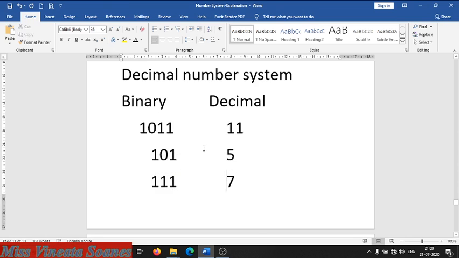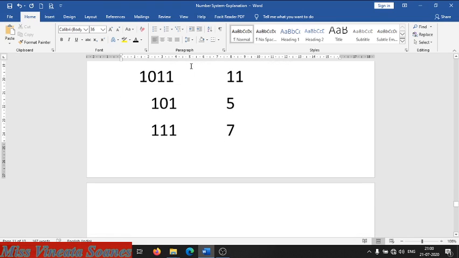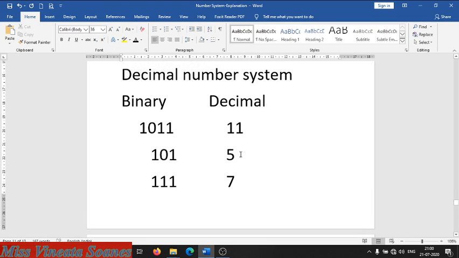To find these out, you can use the conversion method which I've shown you in the previous videos. I'm also going to show you a shortcut method later, on how you can know the answer directly by just looking at any binary number and finding the equivalent decimal number. As of now, just stick to the conversion method.